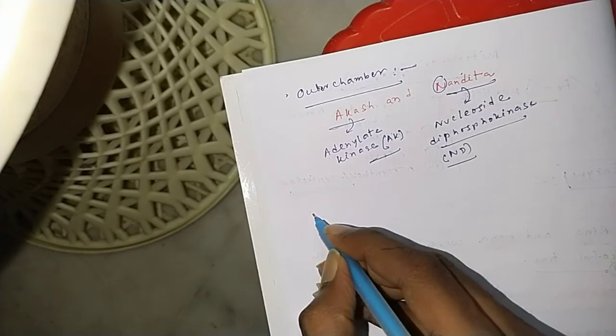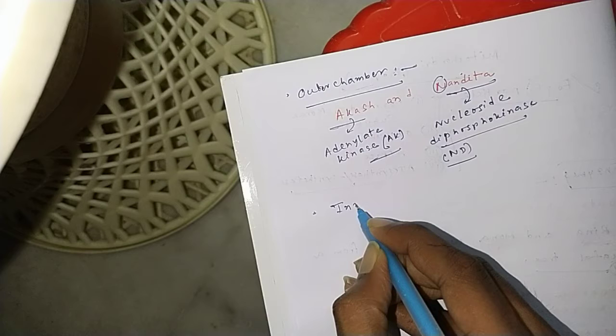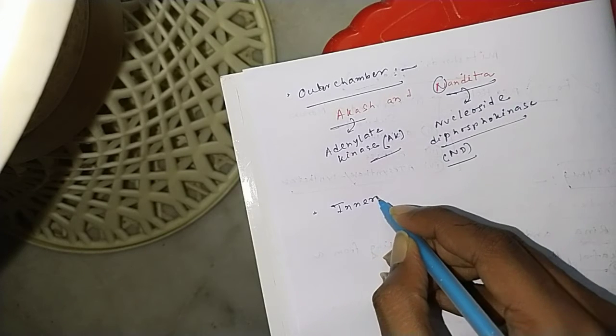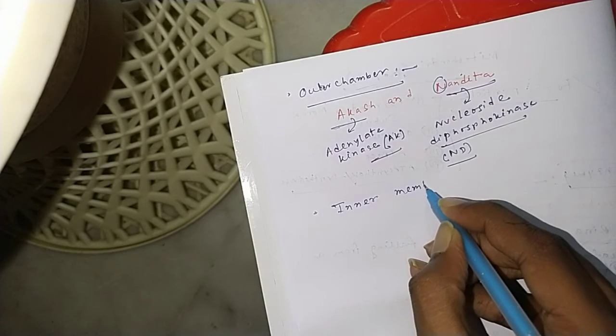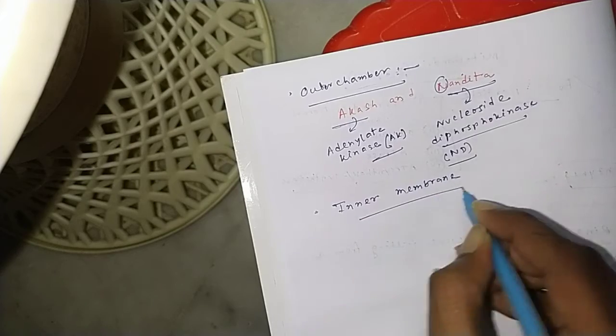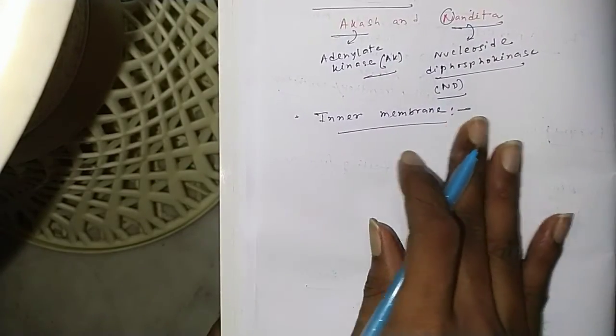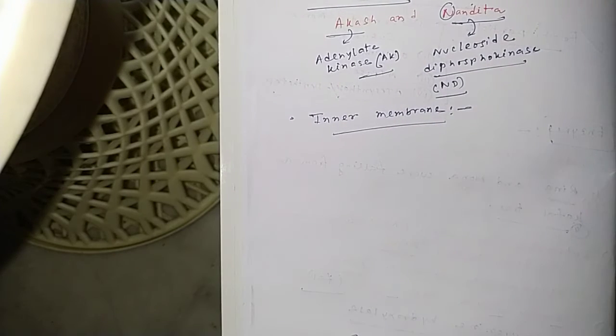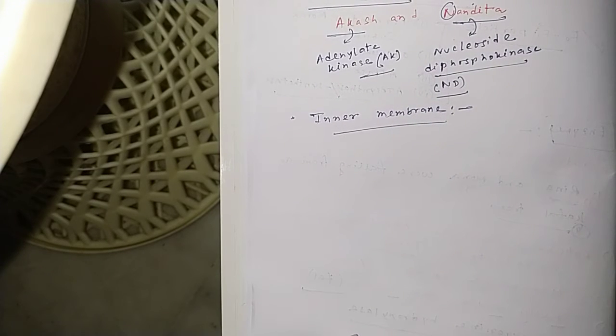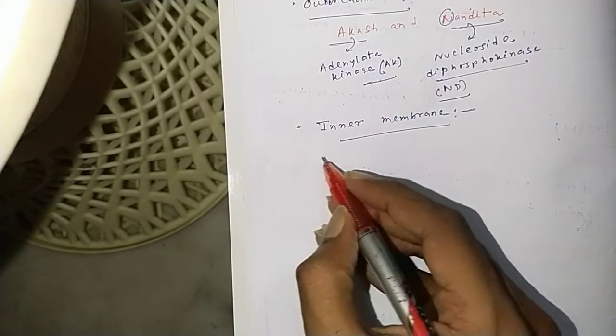Now we will be talking about the enzymes of the inner membrane. The inner membrane enzymes can be remembered in a very easy way. For this just remember this sentence: Dipna, a friend of Nandita, was shocked at the incident.